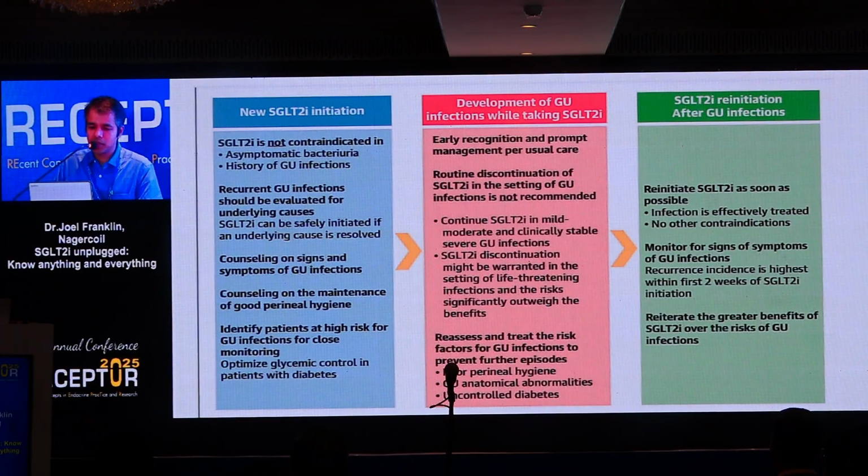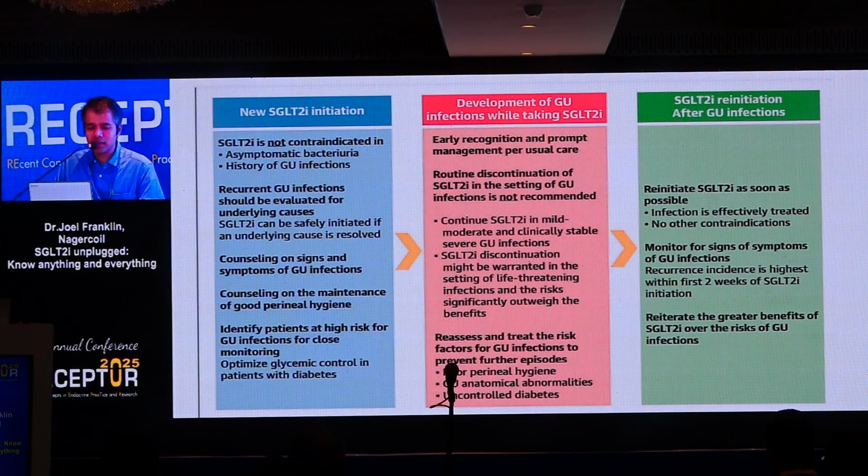So what they are saying is, with regards to new SGLT2 initiation, it is not contraindicated if the patient has asymptomatic bacteriuria. If the patient is asymptomatic, you can generally start. Recurrent genitourinary infections should be evaluated for other underlying causes, and the SGLT2 inhibitor can be safely initiated if an underlying cause is resolved.